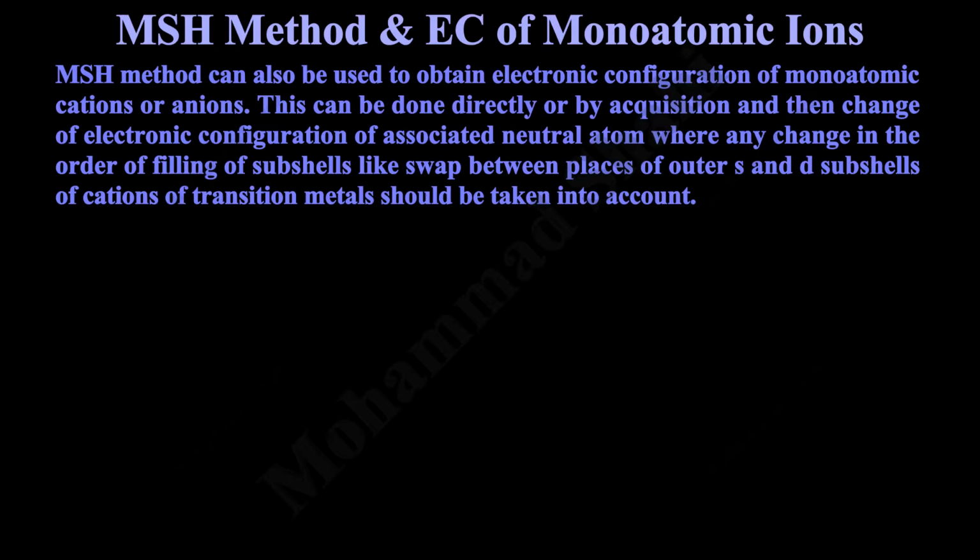Here, any change in the order of filling of subshells, like a swap between places of outer s and d subshells of cations of transition metals, should be taken into account.